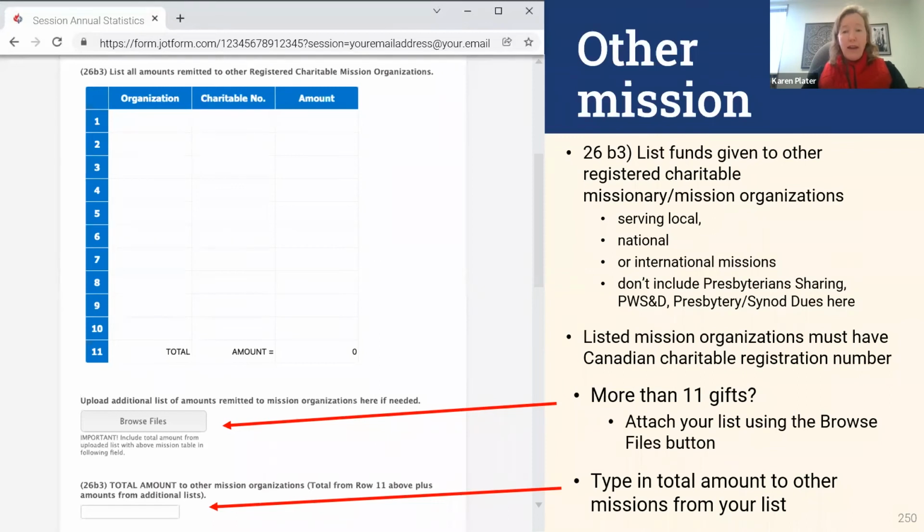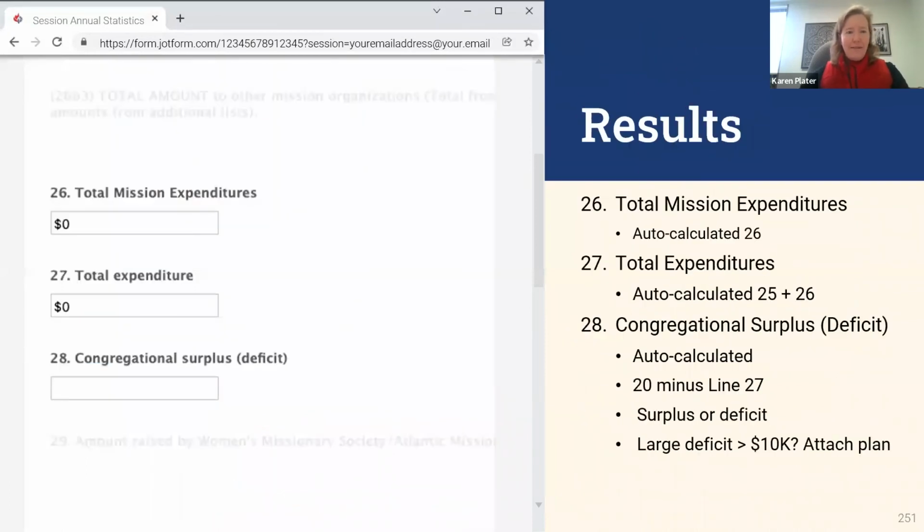If you've got more than 11 gifts, you can attach a list using the browse files selection, and you can find the list and attach it for us. And then finally, the total amount to other mission organizations, once you've listed them all, you can put in the total that was supported there. So that goes in line 26B3.